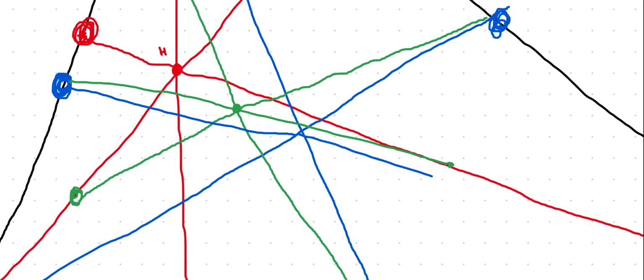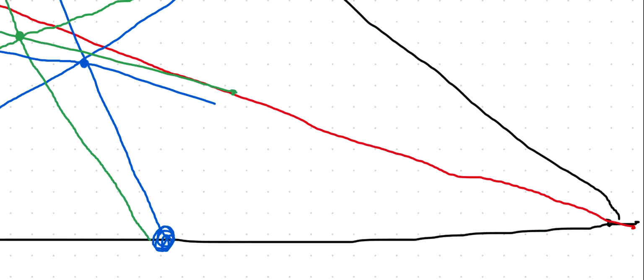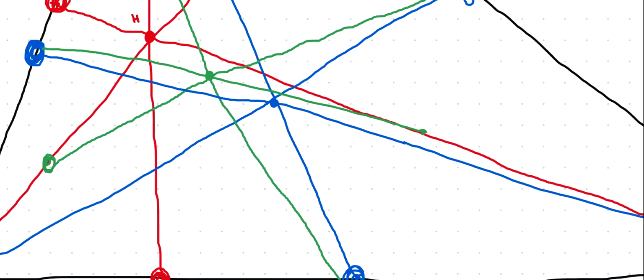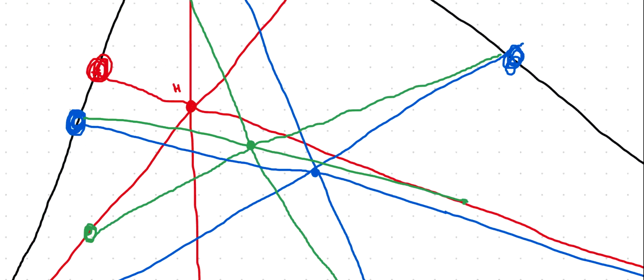This is G. You see, they are situated on a line like this.